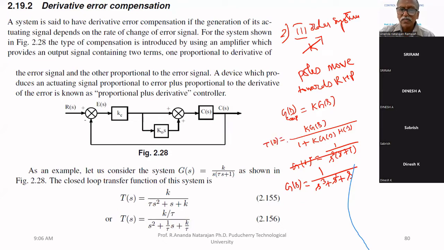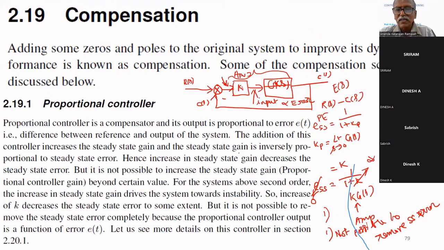The closed loop transfer function T of S equals K upon S cube plus S square plus S plus K. So the denominator becomes a function of K. Where we included the K, we included it in the forward path, in the numerator.